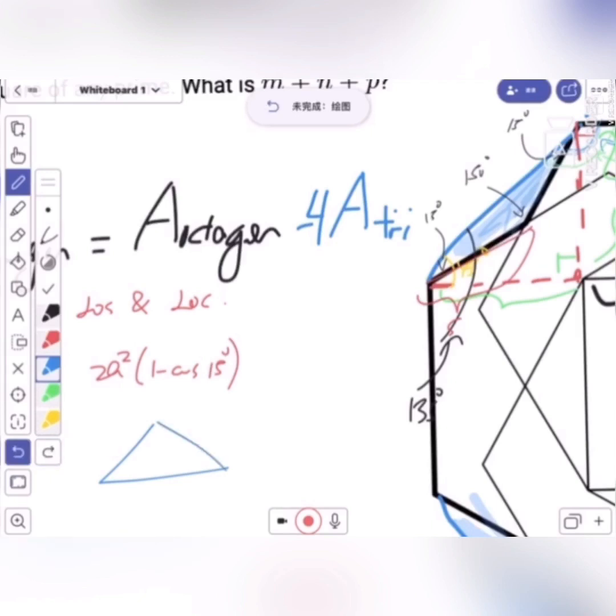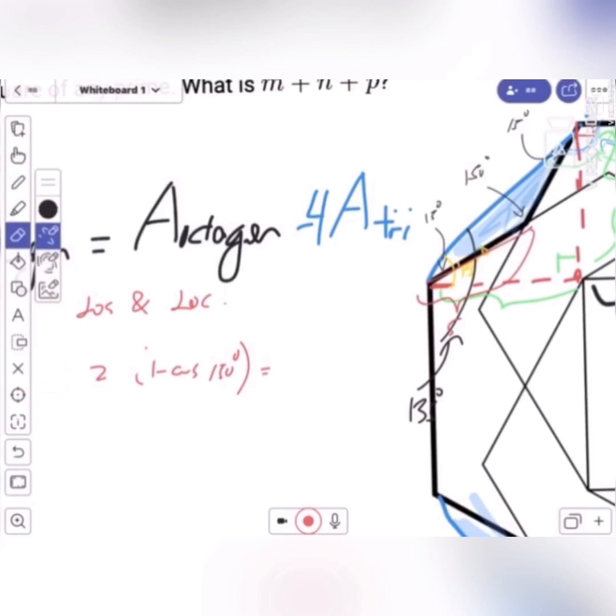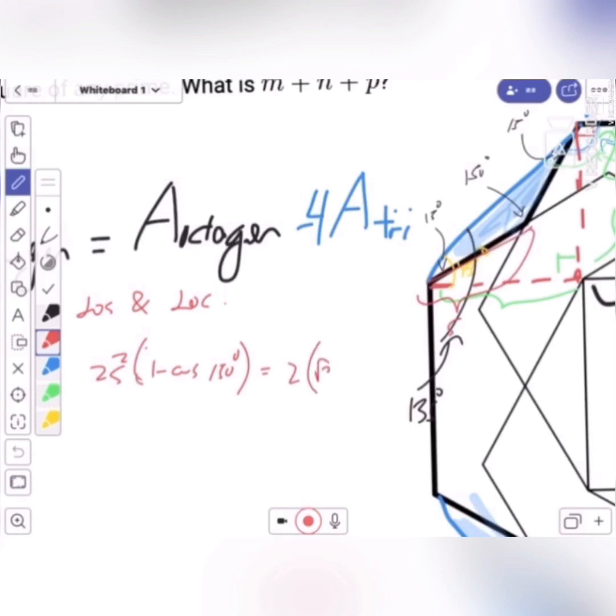So therefore, this is the law of cosines expression, which we set equal to the hypotenuse. This is actually just equal to 1 minus cosine of 150 degrees. This is equal to, I'm going to use s since I used s on the right. This is equal to 2 times root 3 minus 1 squared.